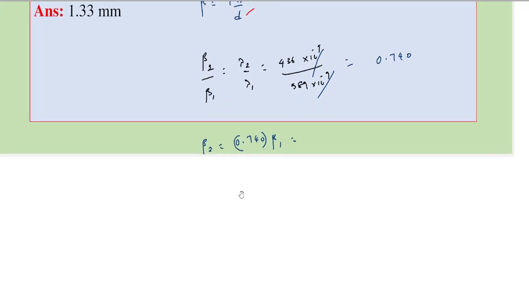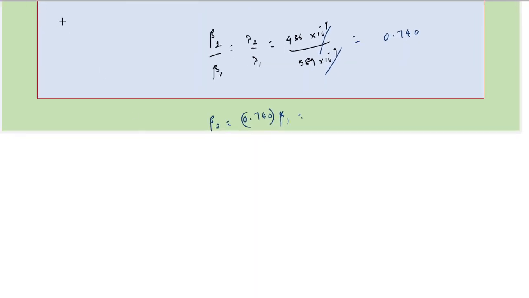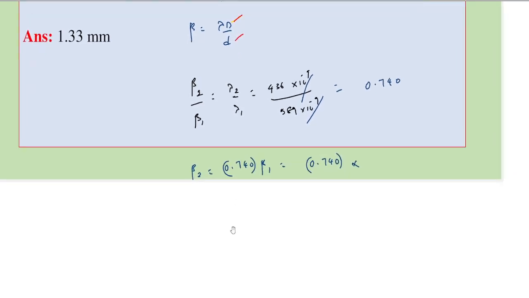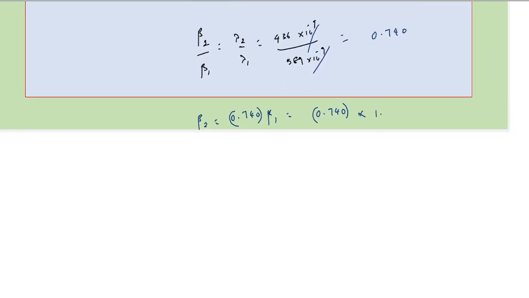So it is 0.740 into 1.8 millimeter. So into 1.8 into 10 power minus 3 meter, that is equal to 1.33. So this is the answer.